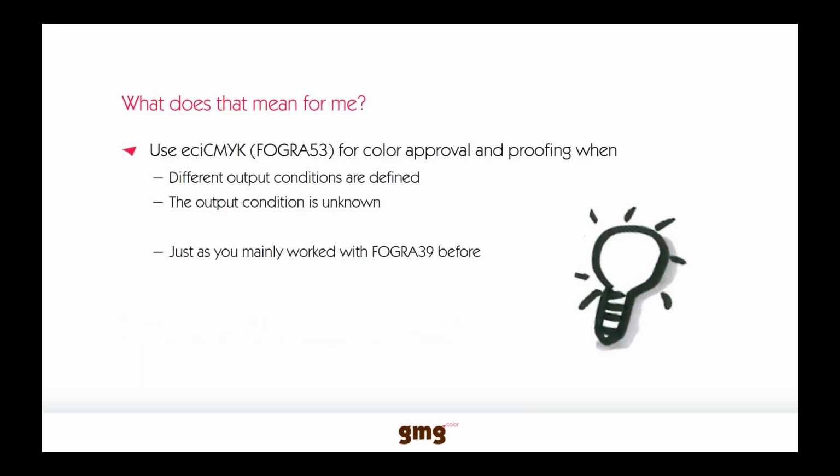You use FOGRA53 when you don't know the output condition, or in the idea of a media neutral workflow, when you have a lot of different output conditions, for instance. Just as you used FOGRA39 before, when the output condition was unknown.